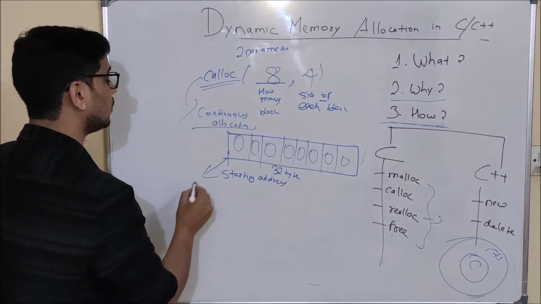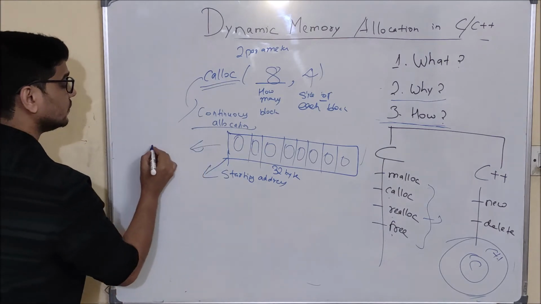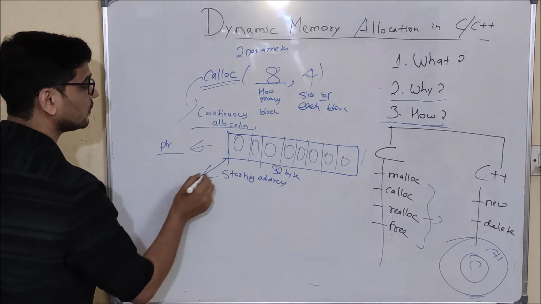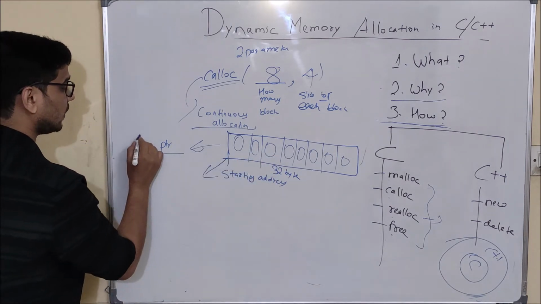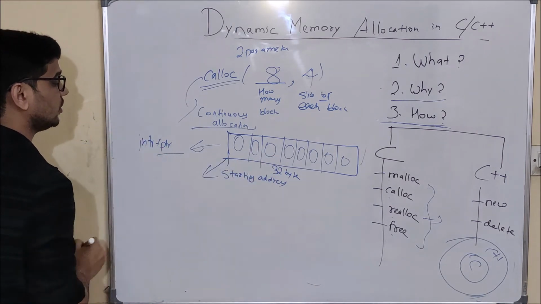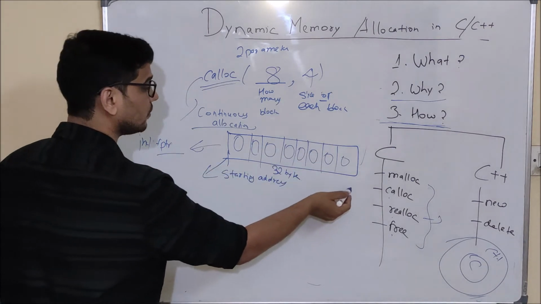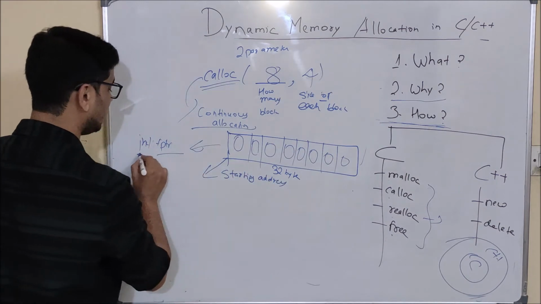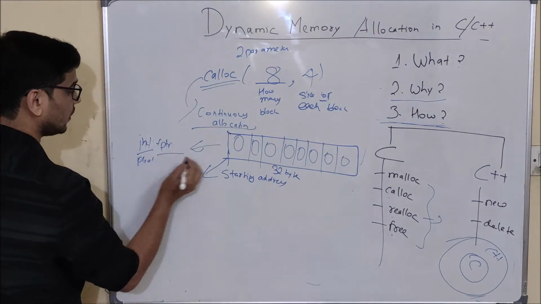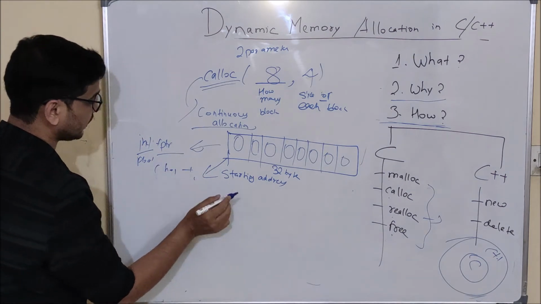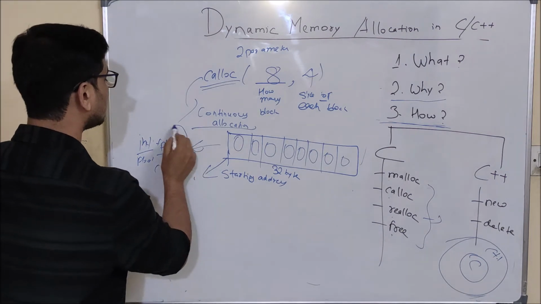And similar to malloc, we are going to store this memory address in a pointer, and this depends upon the type of data we want. Suppose I want to store integer here, then it will be an integer pointer. Suppose I will be storing float here, then it will be a float pointer. And if I want to store character here, I will do char star ptr. Okay, so this is what calloc is.